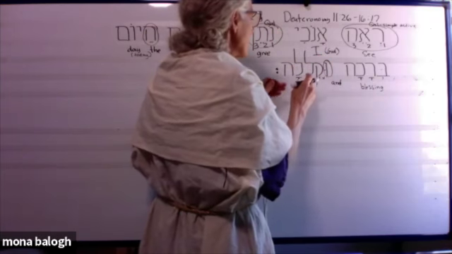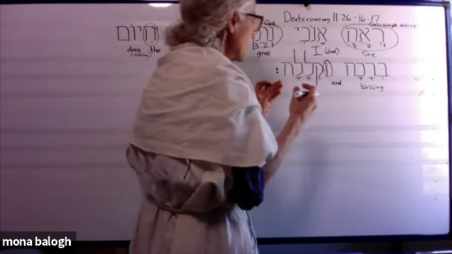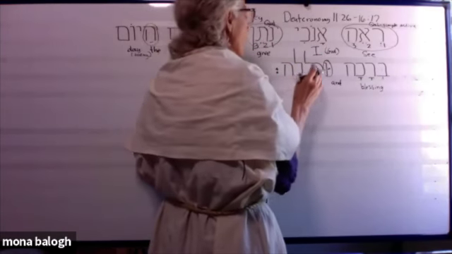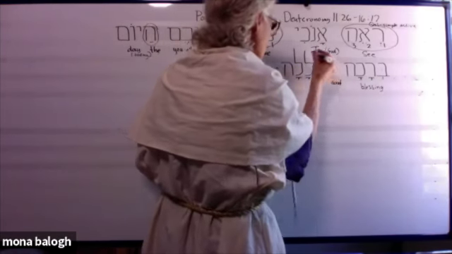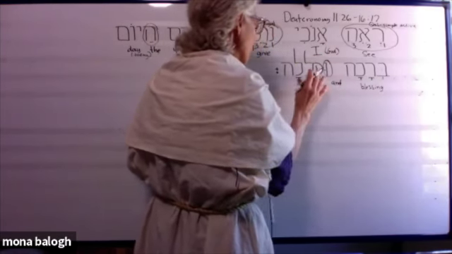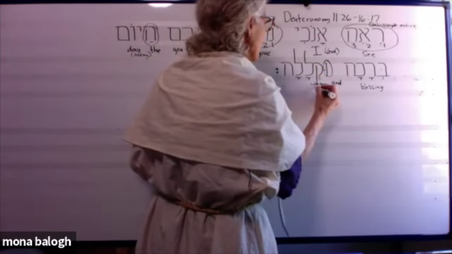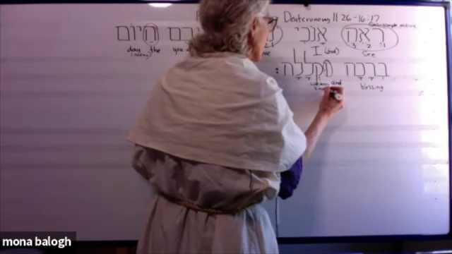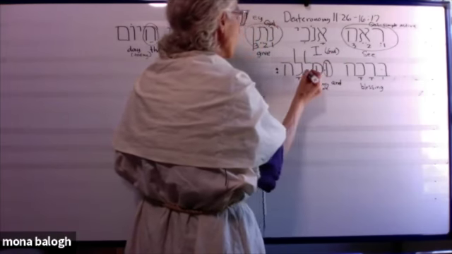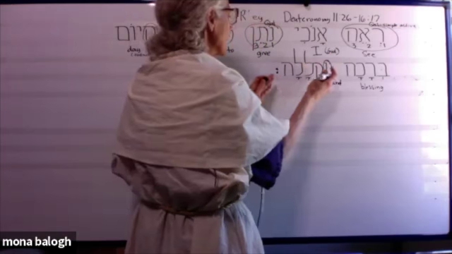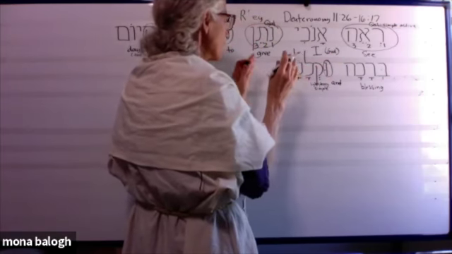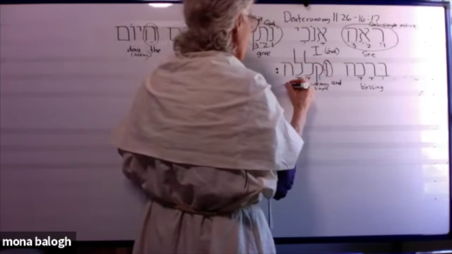Well, in this case, it's translated as a curse. But using this root word kal, light, easy, simple, the kalal at the end makes it this particular noun, which means a curse.